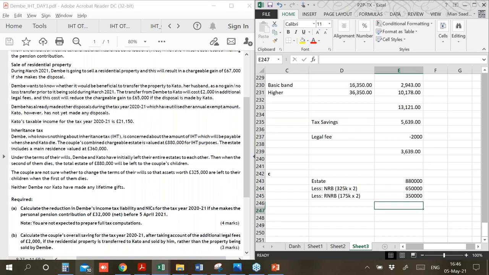So you'll write 0 underneath as the chargeable estate, because obviously the estate cannot be negative.